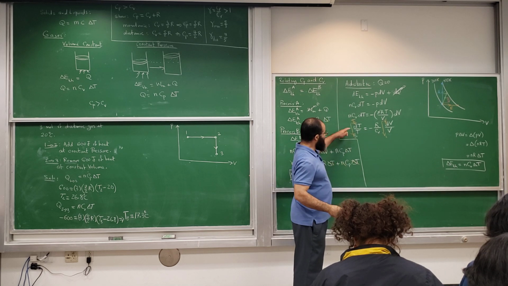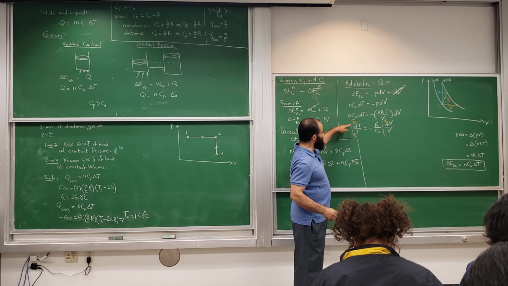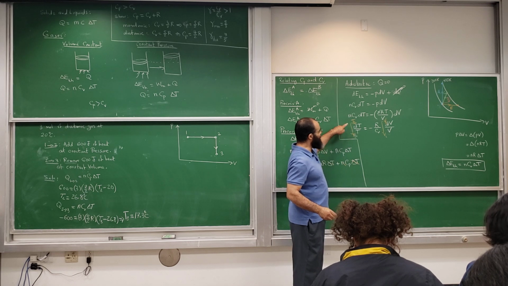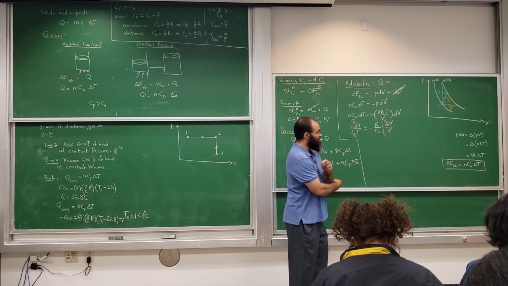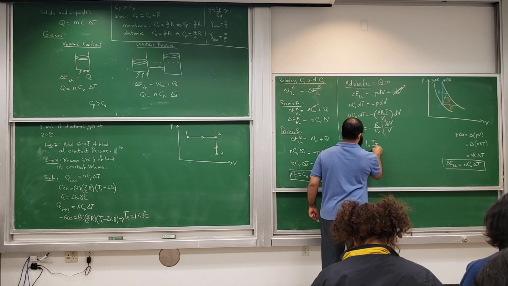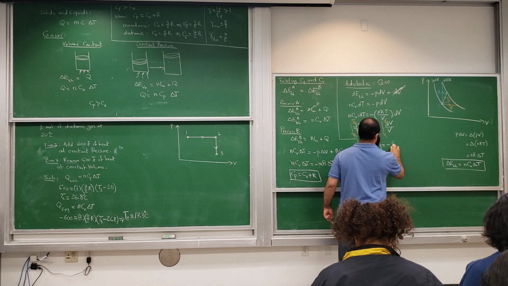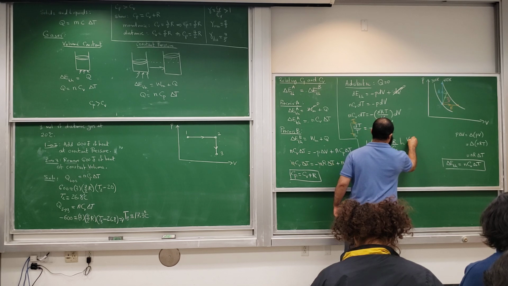And when you integrate 1 over, you get a natural log, and then you subtract them. So we had ln of T final over T initial, like so. And then on the right-hand side, we got minus R over Cv, and then ln of V final over V initial after integrating.